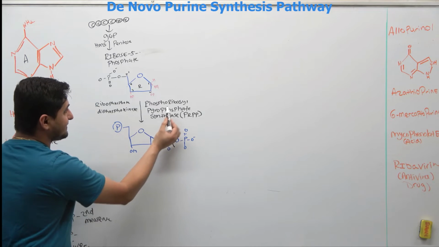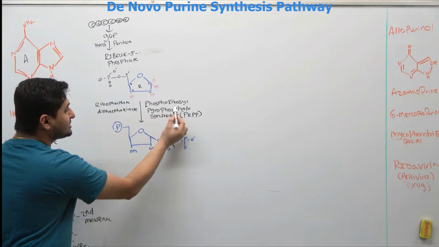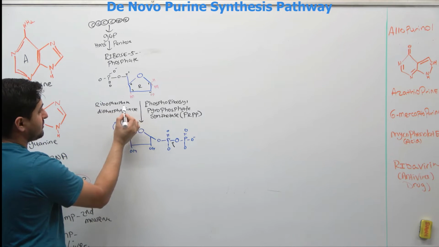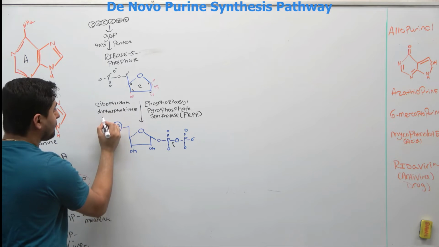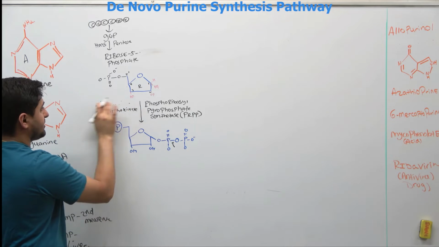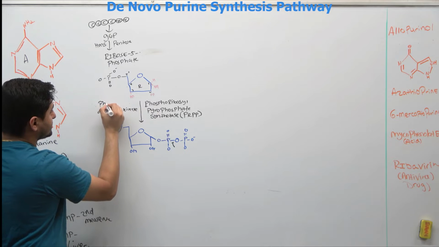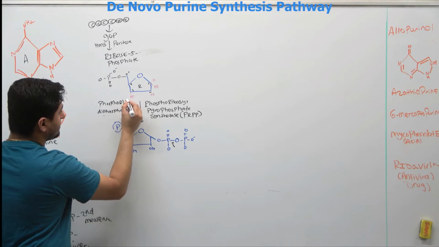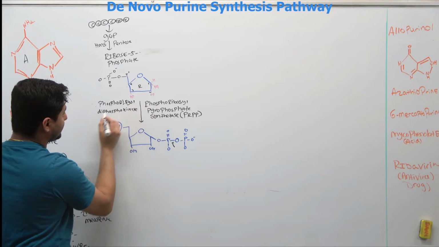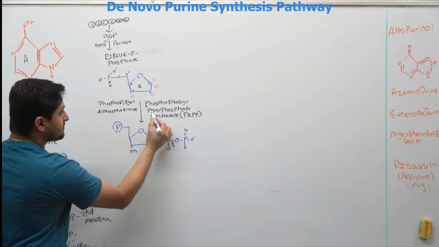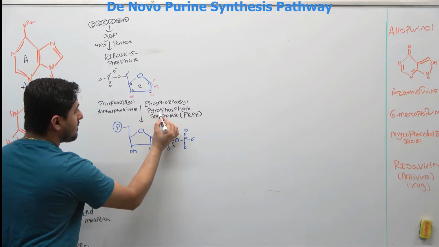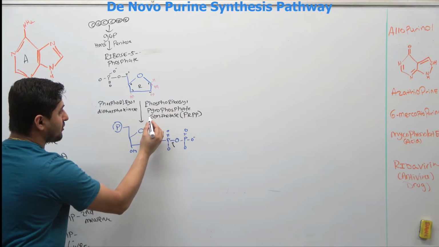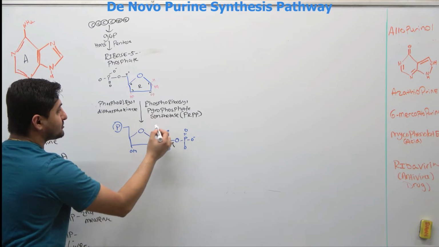Sometimes they also say phosphoribosylate, to be more accurate, phosphoribosylate diphosphokinase. Let me write it down here. Or sometimes they call it phosphoribosylate pyrophosphokinase. Instead of saying synthase, they say phosphoribosylate pyrophosphate kinase.